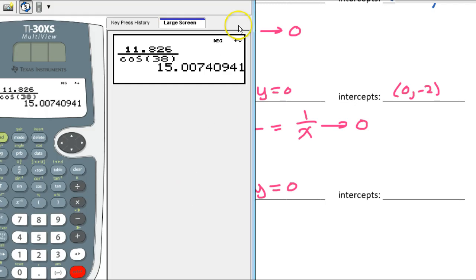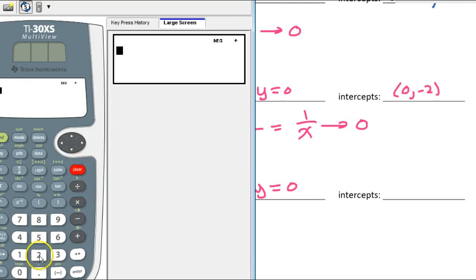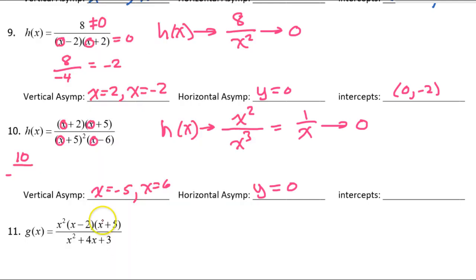I don't know what that is. All right, 25. Is it 150 maybe? Okay. So that's 150. So that's going to be negative 1/15. So that's the y-intercept right there, 0, negative 1/15.